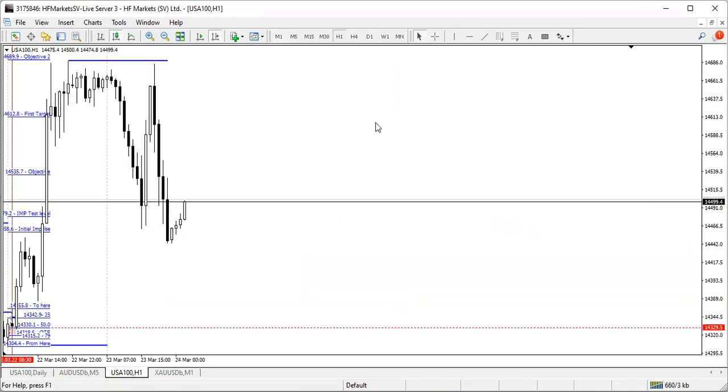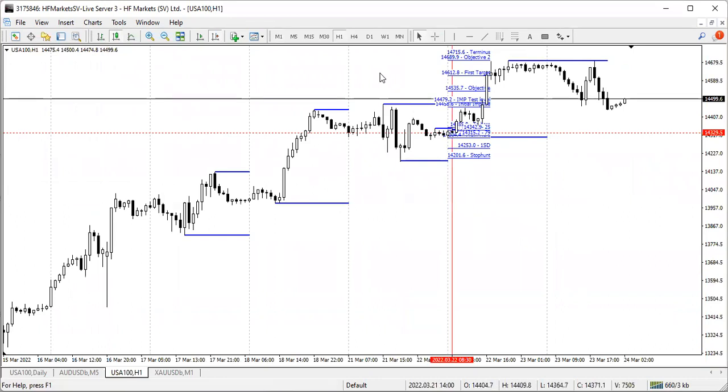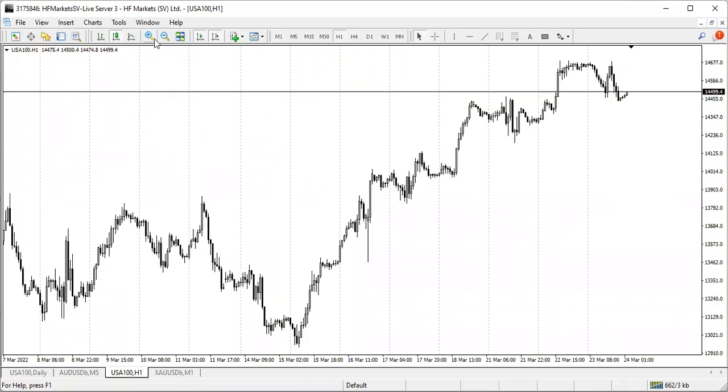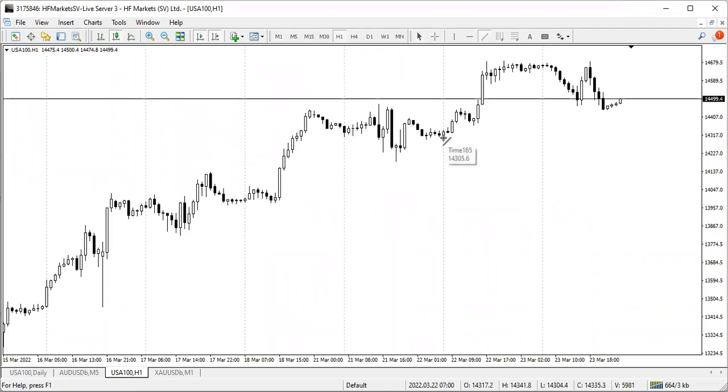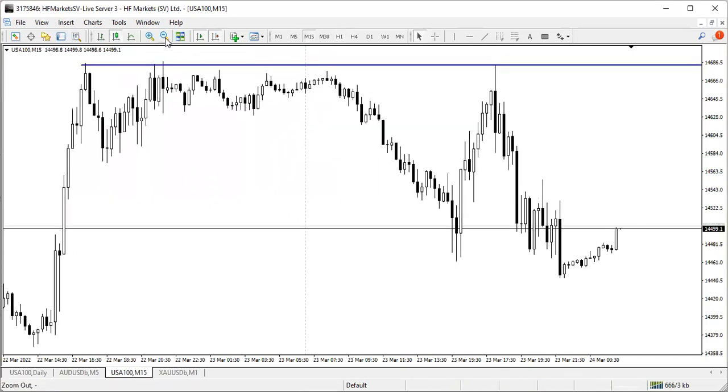So if I hop back over to a 1 hour chart, and I'm just going to clear all of this. And then real quickly, look at this right here. So this is what we're looking at. I'm going to drop to a 15-minute chart.